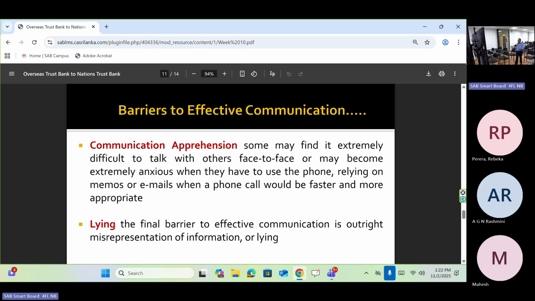Right. That's the final barrier identified here to effective communication. It's a misrepresentation of information. It's a misrepresentation of sensitive information to the general public. Or the parties involved in high positions may share it in advance to the public party. Then they try to gain personal benefits through that.